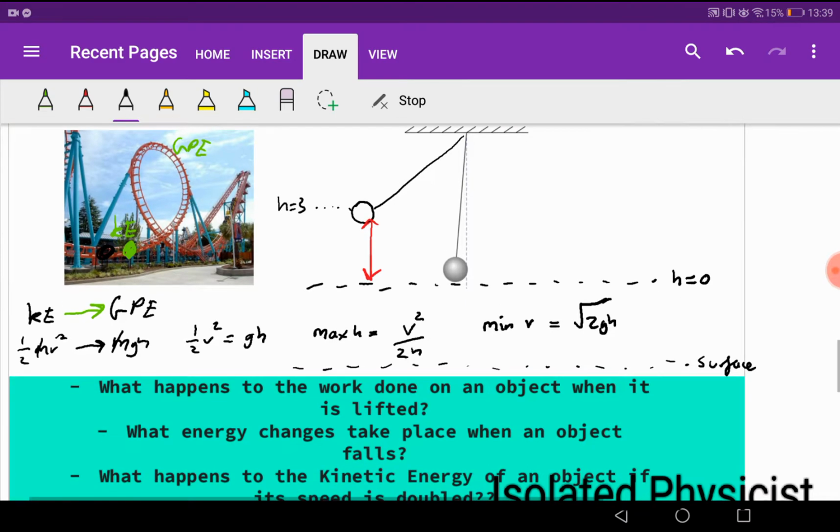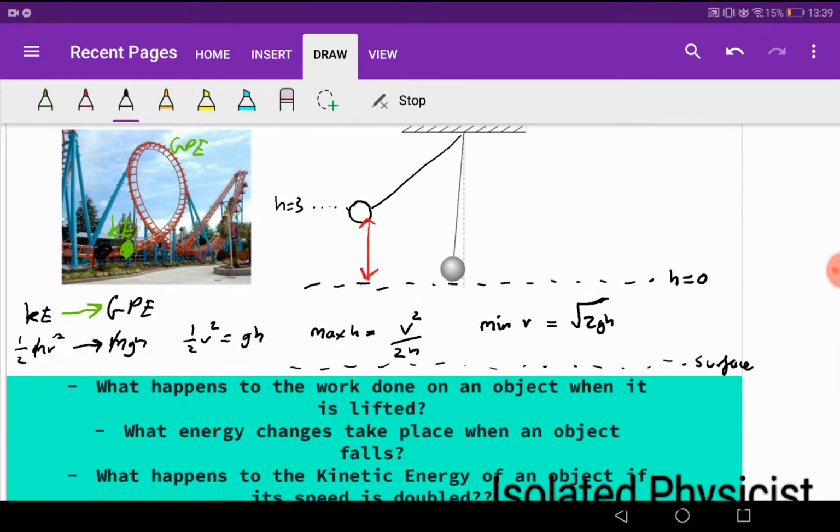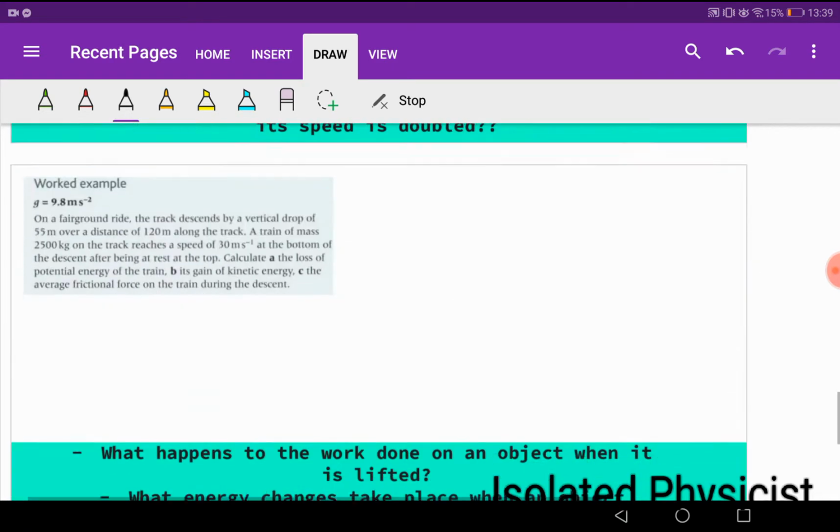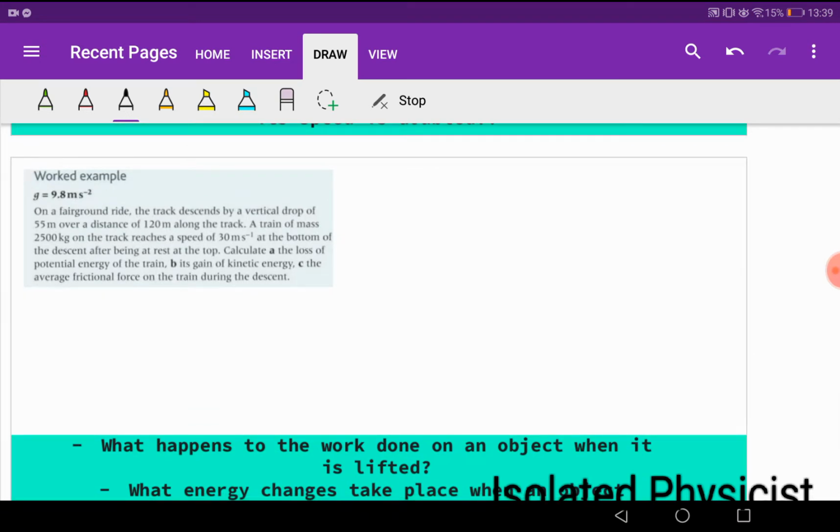So it's quite a useful equation. That's only if they're neglecting friction. This worked example here is not. So it's on a fairground ride.